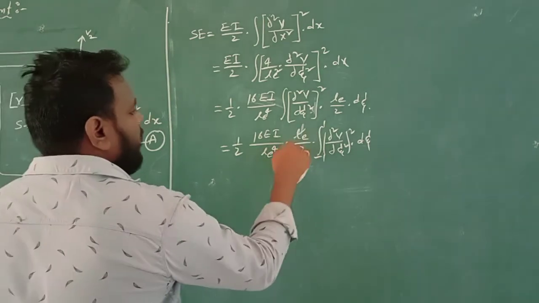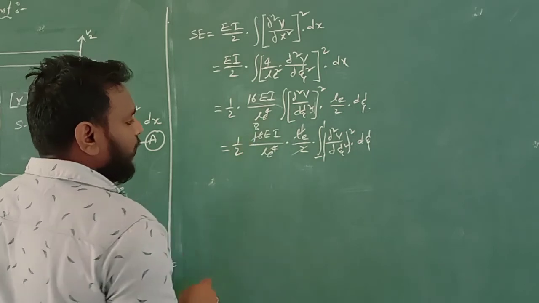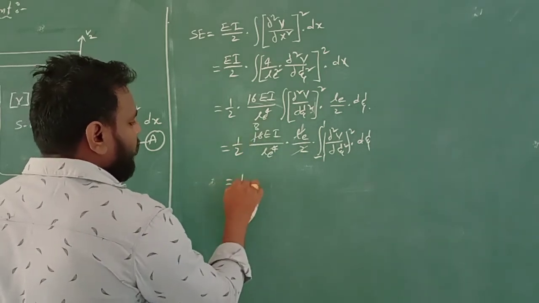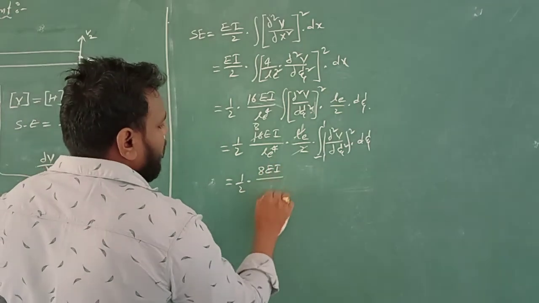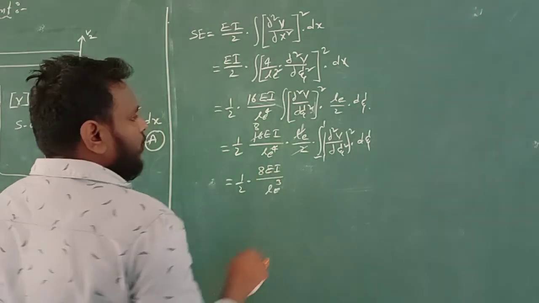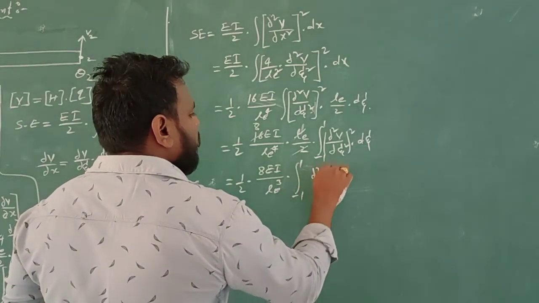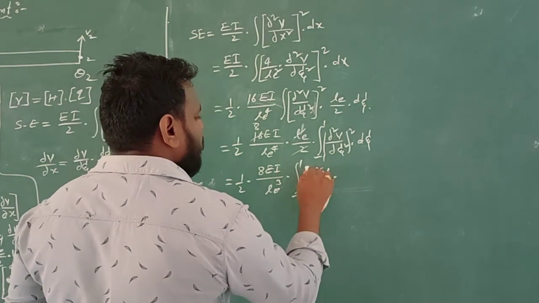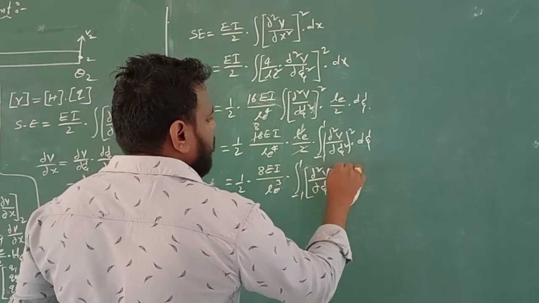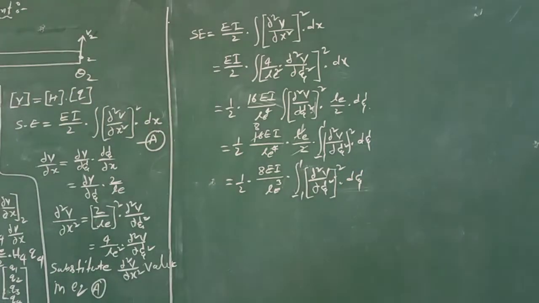So le is cancelled, and remaining is 1/2 into 8 EI/le cube into the integral from minus 1 to 1 of ∂²v/∂ξ² into ∂²v/∂ξ² whole square into dξ. So finally I got this equation.